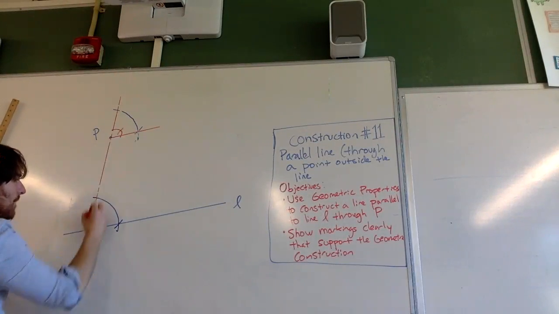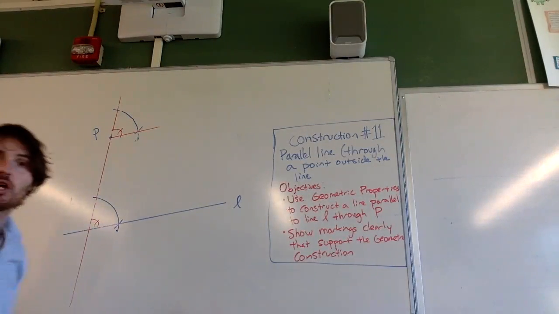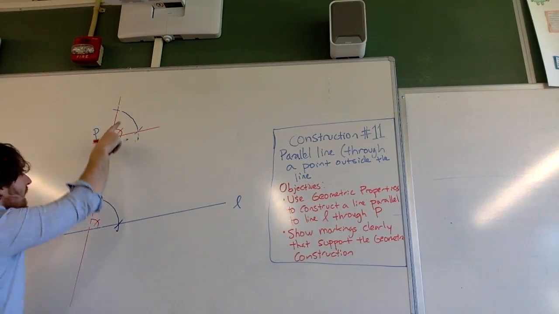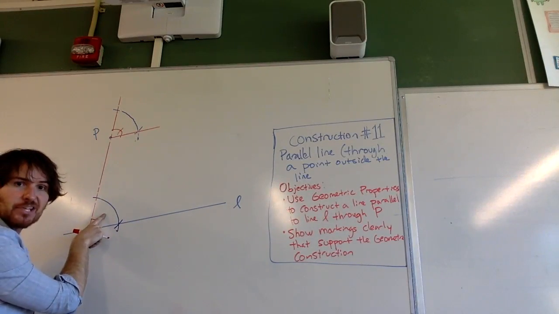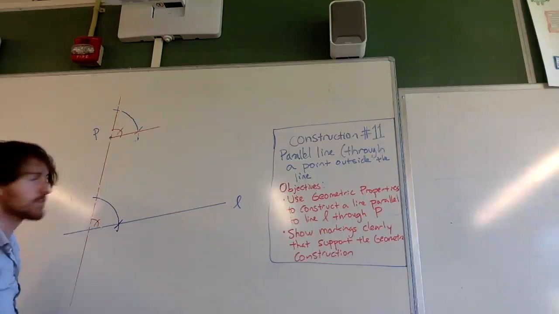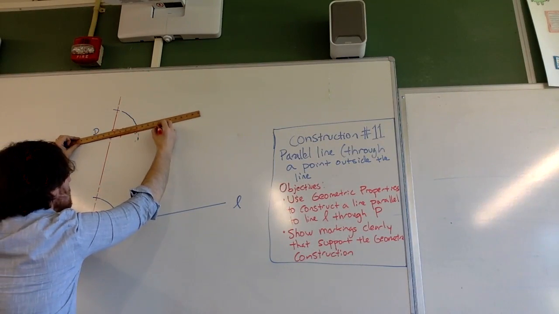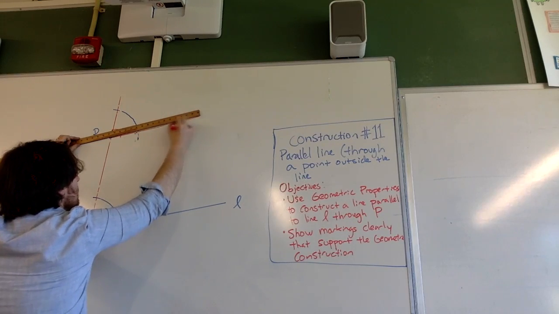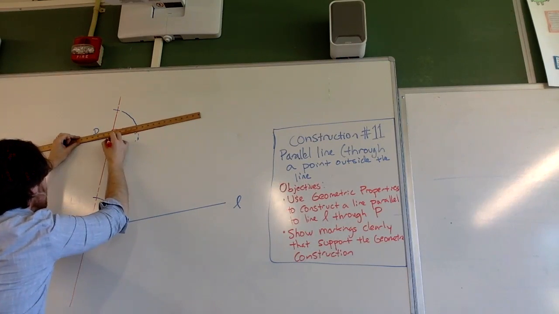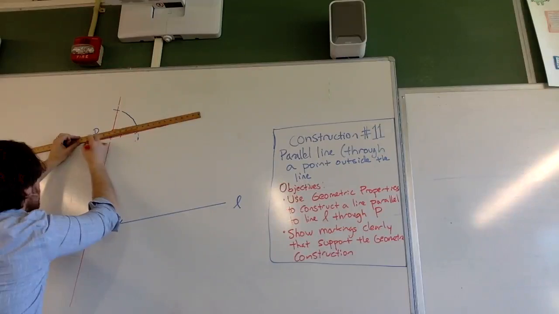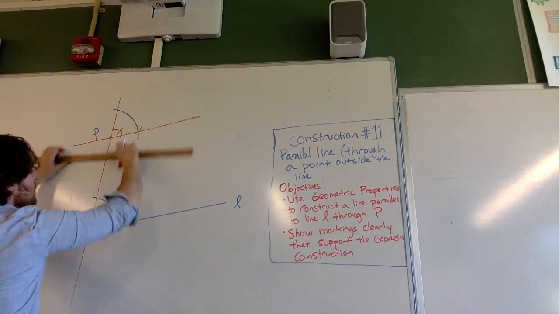Why? I copied angles, so I have congruent corresponding angles. They're both in the top right position as the transversal hits those two lines. If I just extend it using my straight edge, then it looks more like a line, less like a ring. And that's maybe what you had kind of envisioned here.